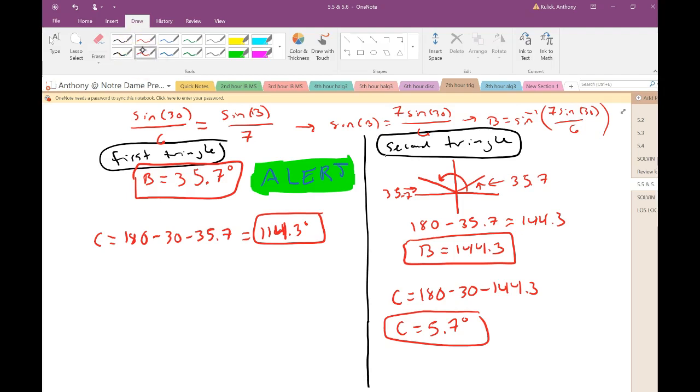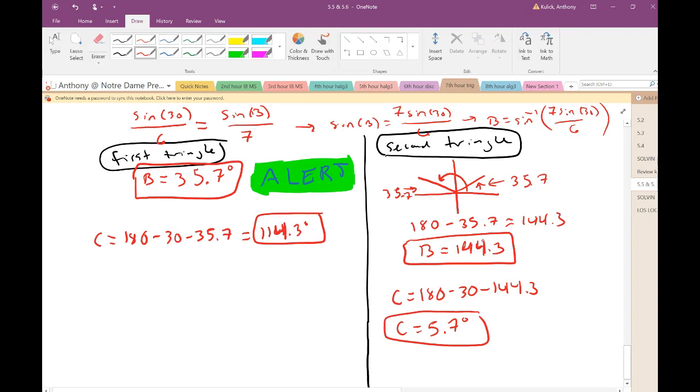So far, so good. C is 114, B is 144. So they're different values. That's okay.